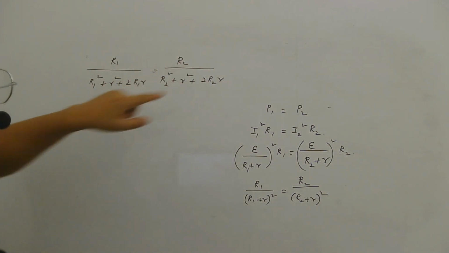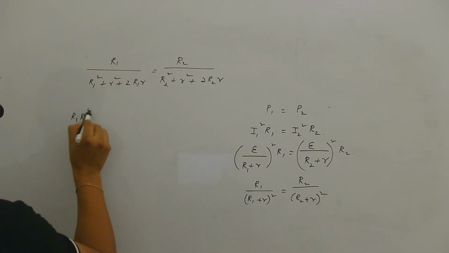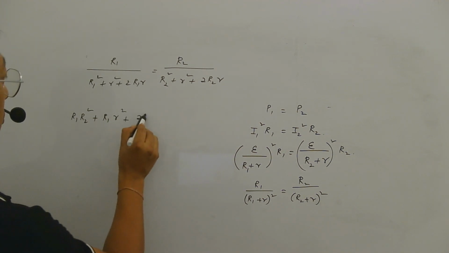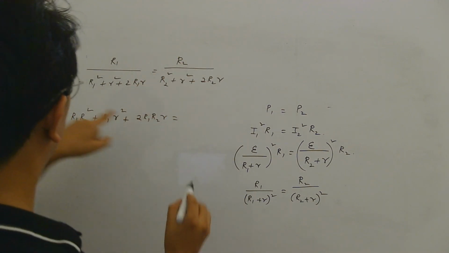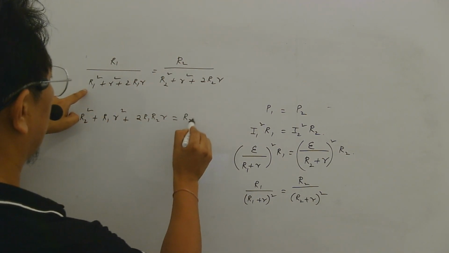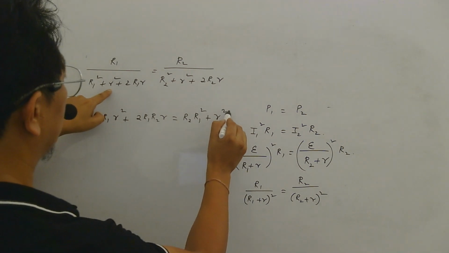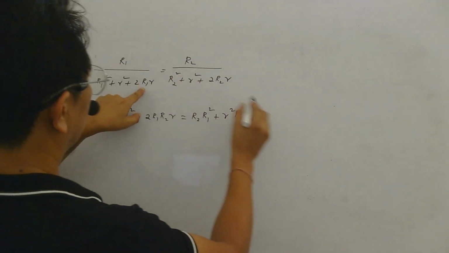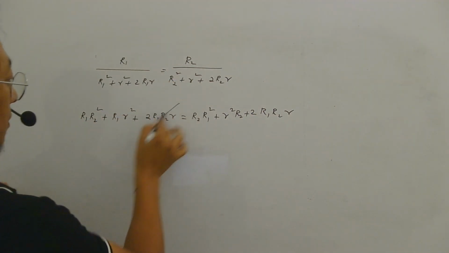Now you cross multiply, you will get R1 R2 square plus R1 r square plus 2 R1 R2 r equals to, here you cross multiply, R2 R1 square plus r square R2 plus 2 R1 R2 into small r. These two will cancel.